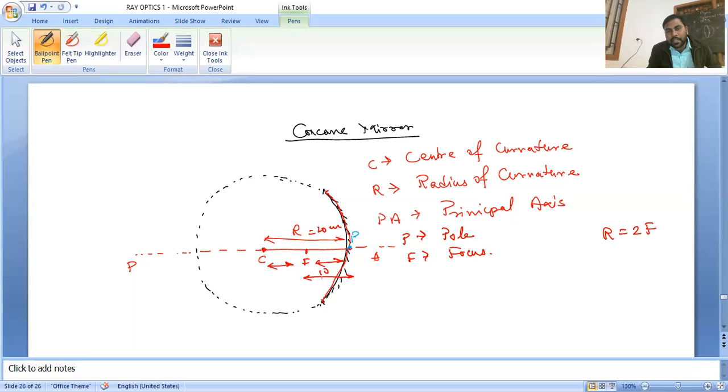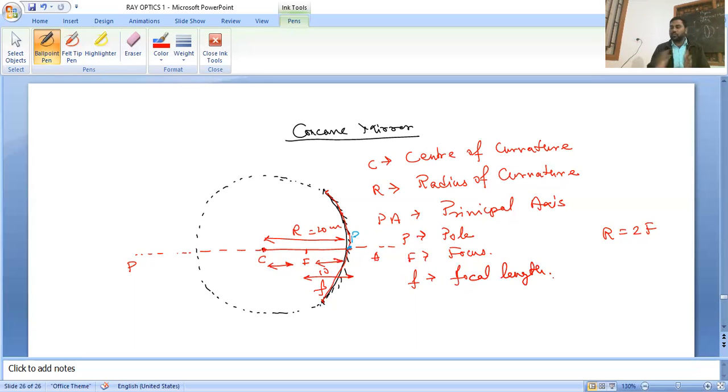So this length is known as F, the focal length. The length of a mirror from pole to focus is known as focal length.